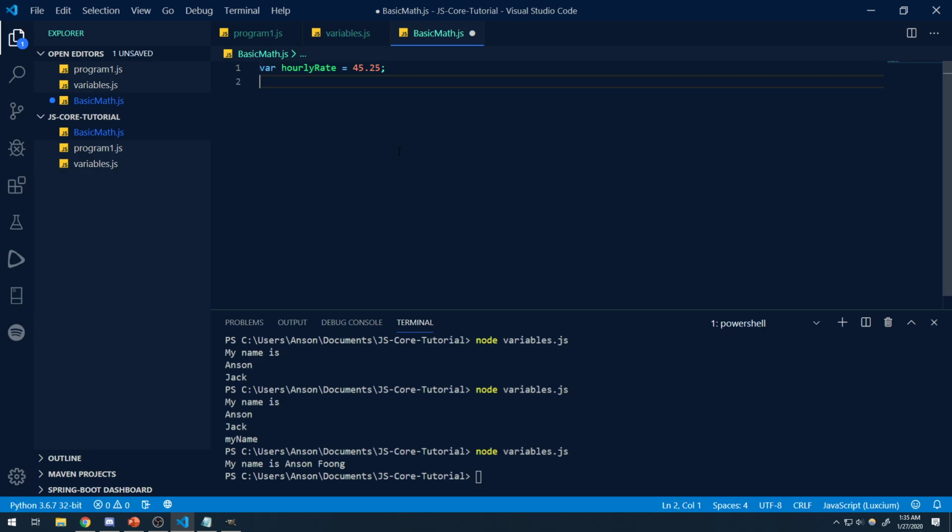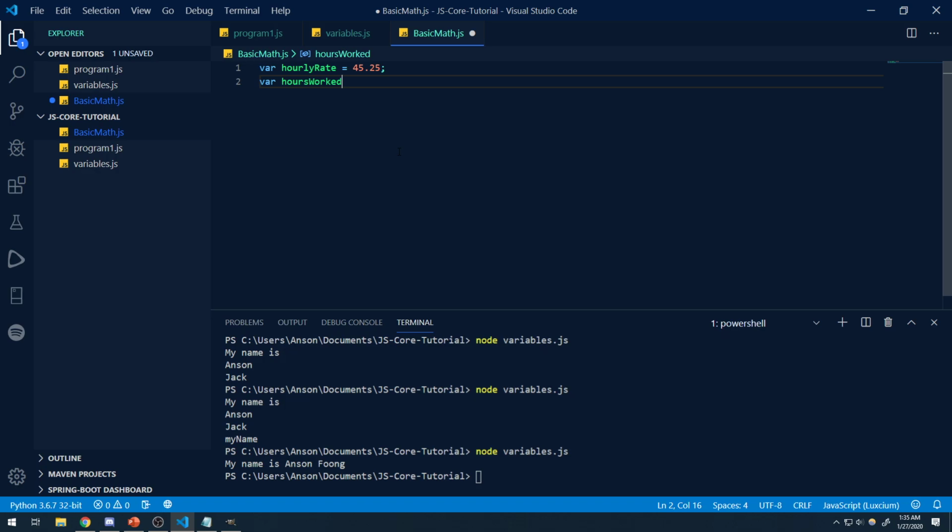And let's go ahead and create another variable. This is going to be called total hours worked, and we can leave a comment. Again, you don't have to go too crazy with that. You can just say total hours worked, or just hours worked. You don't have to be too crazy with the variable names, as long as you can recognize what that variable is and recall what it means.